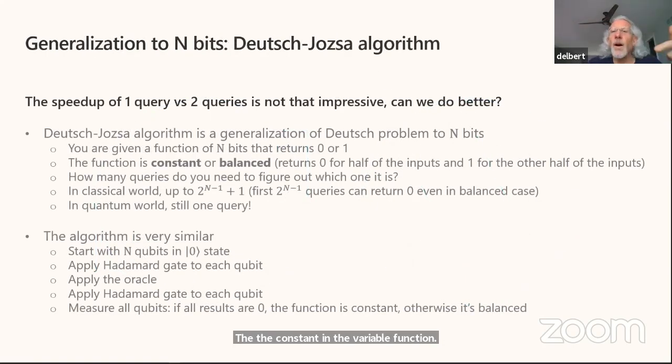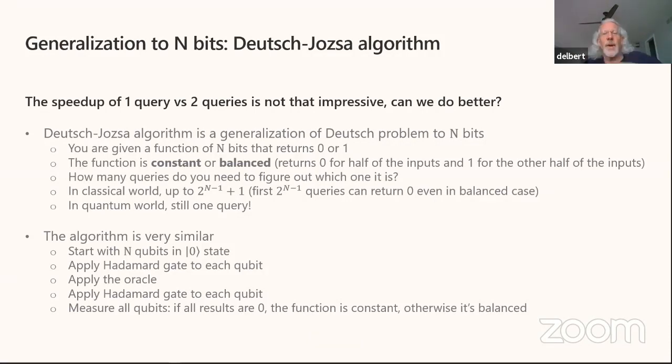So now if we look at it, we can extend this to n qubits. So if we had 100 qubits and our black box, our oracle, was guaranteed to be either constant or balanced, we would still only need 1 measurement in the quantum case to get the answer.